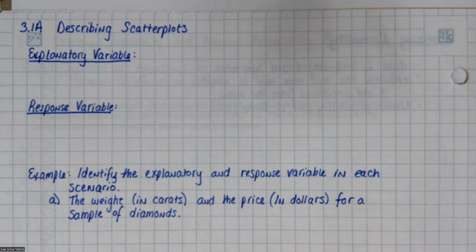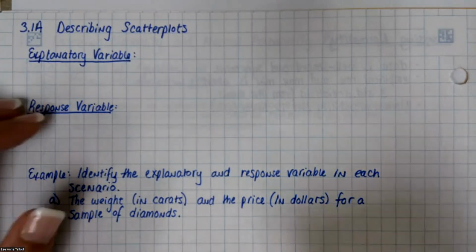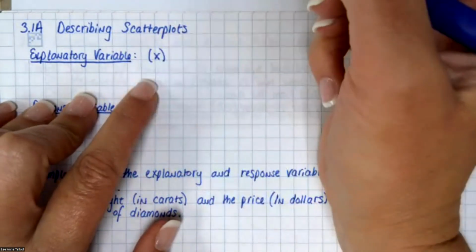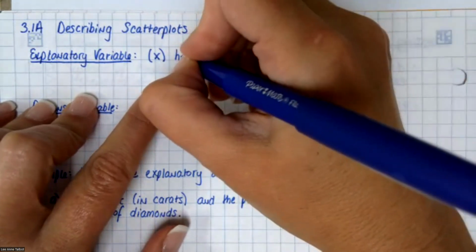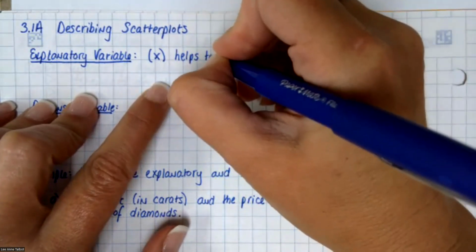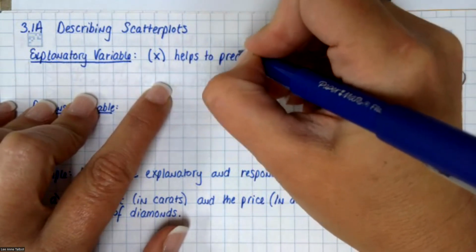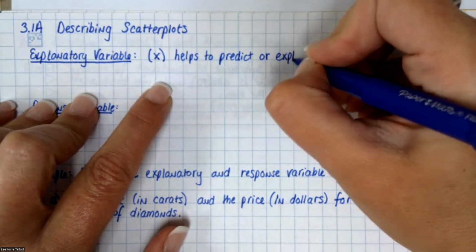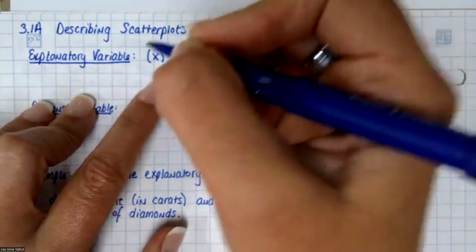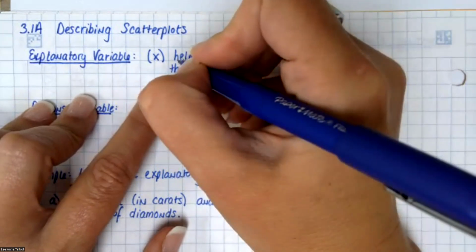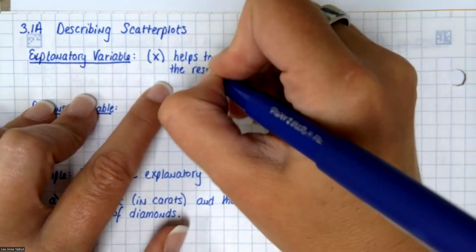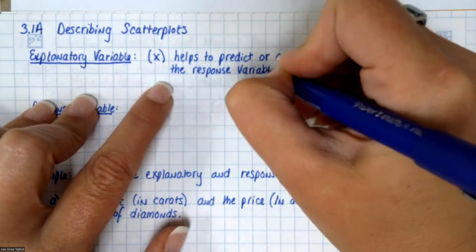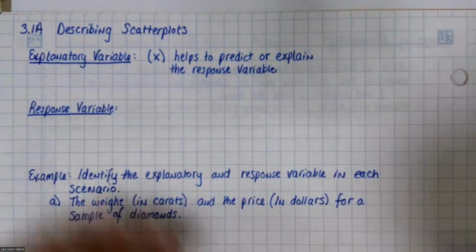Okay. Explanatory variable. Explanatory variable is the X. It helps to predict or explain the response variable.